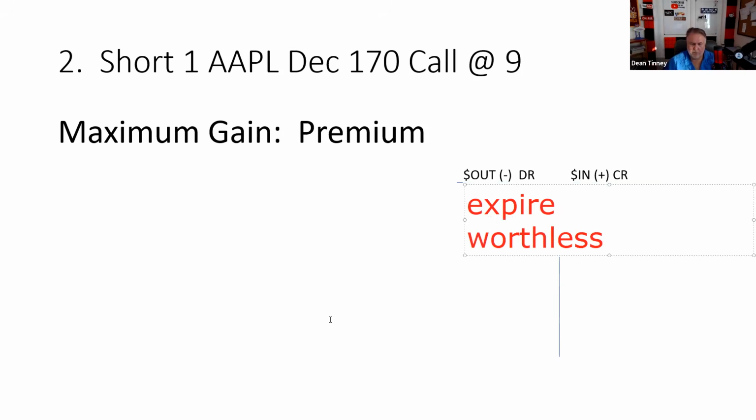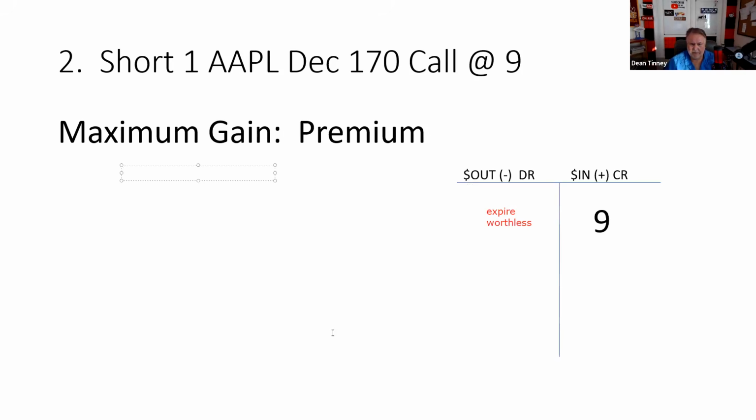So at 170 or lower, the contract expires and you keep the money. And so here the maximum gain is going to be 9 points or $900. You definitely need to know a point is a dollar. And remember, each of these governs 100 shares. We're talking about one contract times 100.